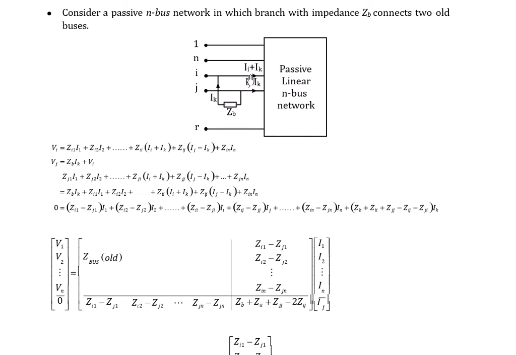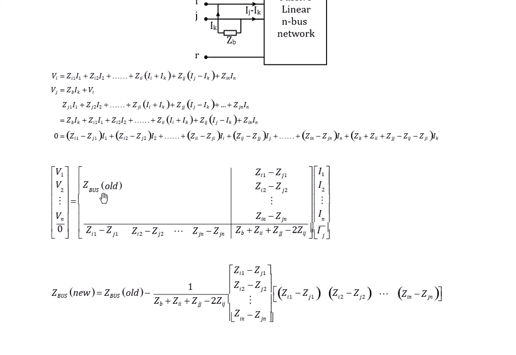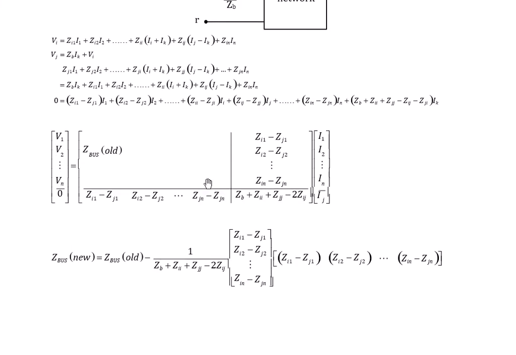And here now we have two different currents for bus I and J. So now two new currents get added, and due to this addition, our Z bus will change. So now in addition to Z bus old, we have this row and this column. If we further solve this impedance bus, then we will get this formula.